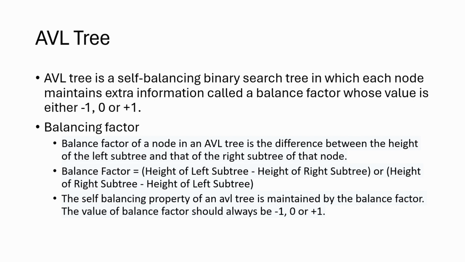Now what should happen is at the end you have to get either -1, 0, or +1. Pictorially, when you see this, it'll make sense. So you take the height of the left subtree and the right one, and subtract them. So you should have either 0, +1, or -1.